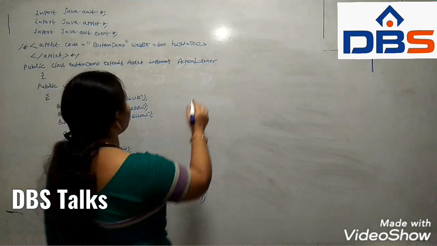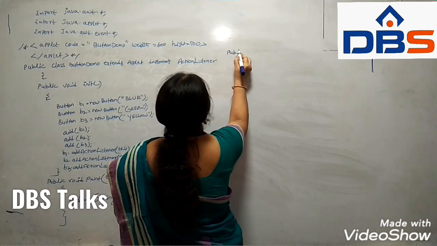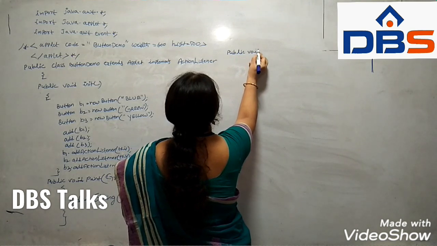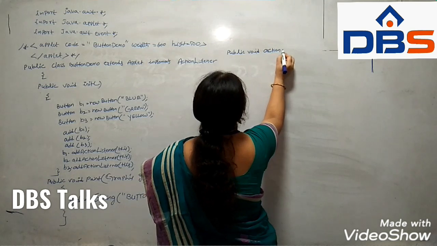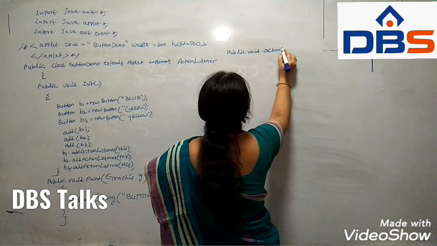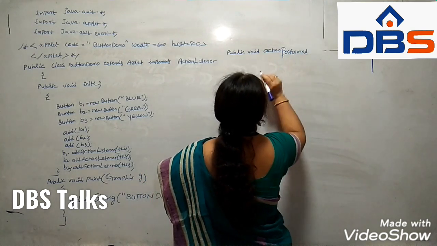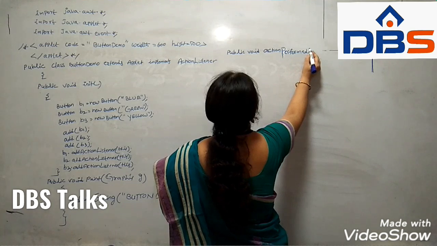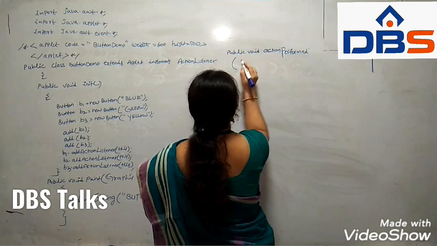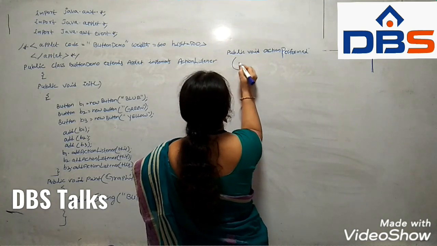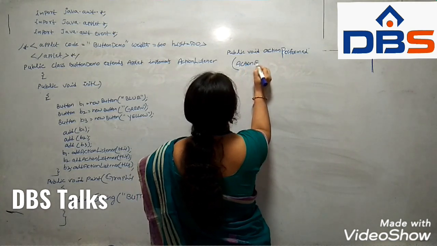So we write public void actionPerformed, where P is uppercase, with ActionEvent a.